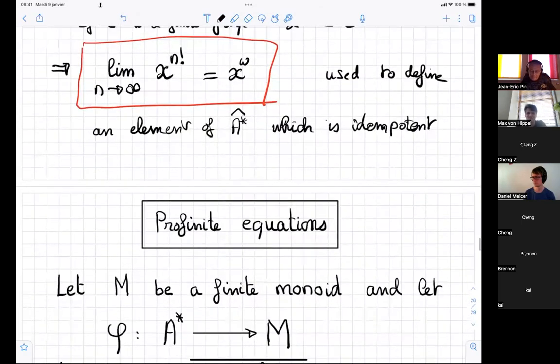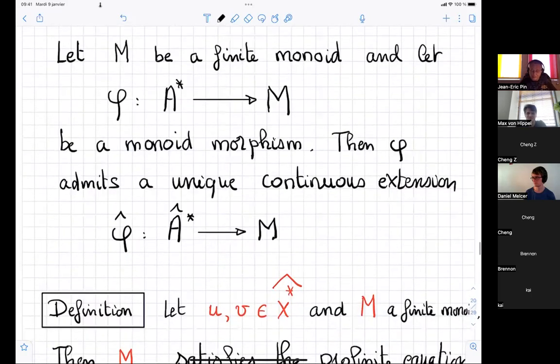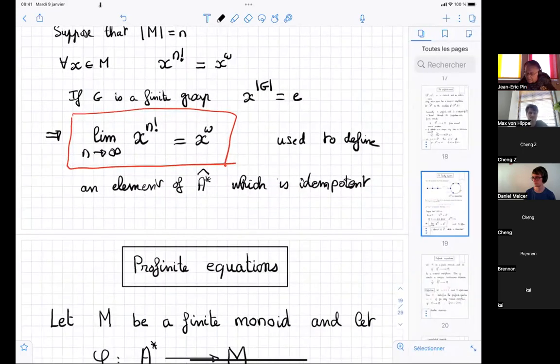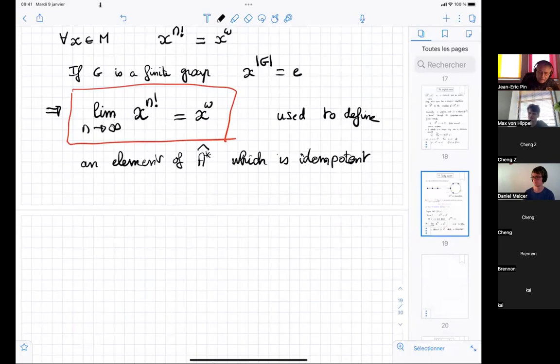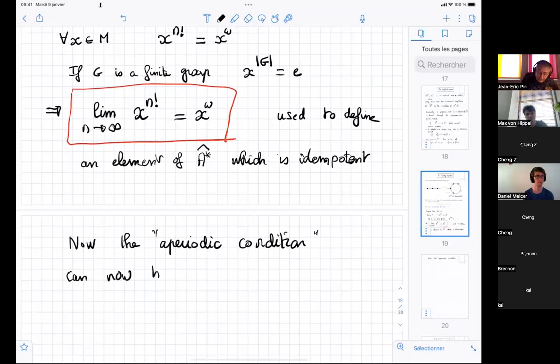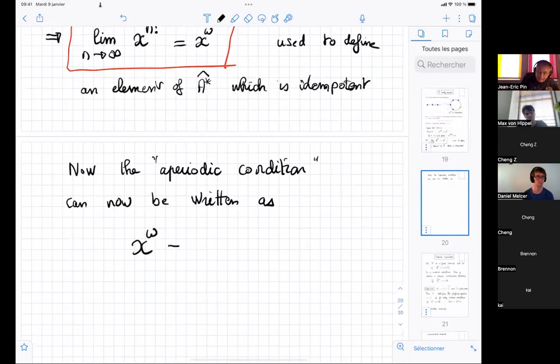But anyway, let me keep going. And now the aperiodic condition, remember, can now be written as x to the omega is equal to x to the omega times x, or if you prefer, x omega plus 1.